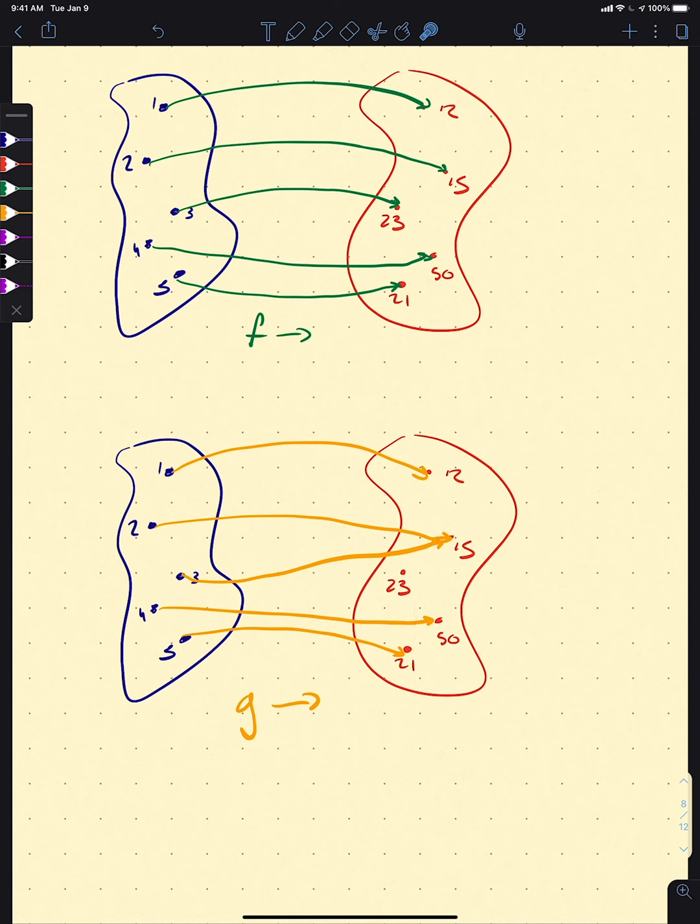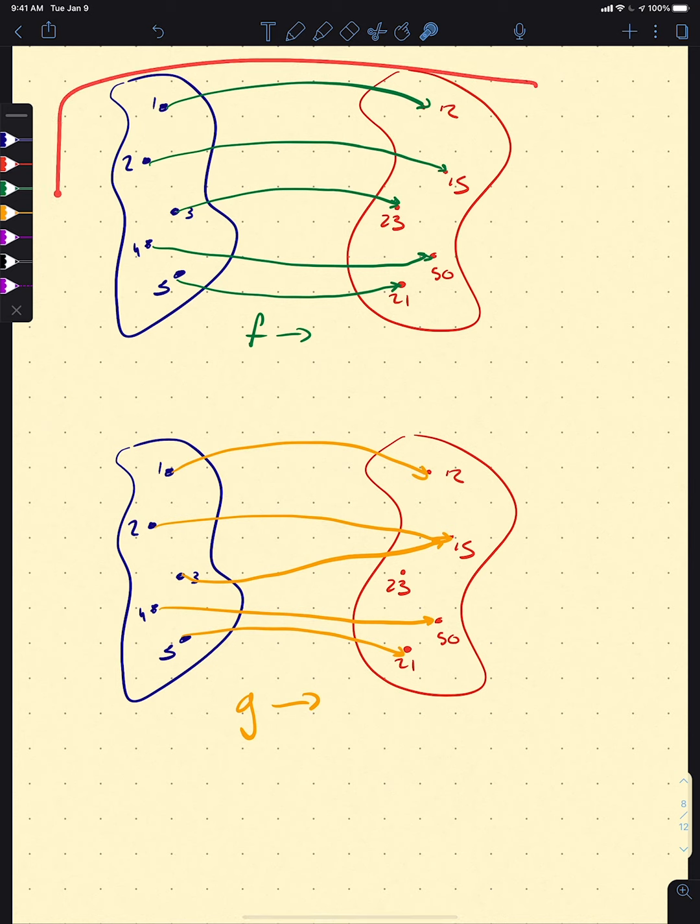If we're trying to go back in the same way, where do you map 15? Because when we try to map 15 back, should 15 go to 2 or should 15 go to 3? If our map back is a function, it can only go to one of those, so we can't necessarily make heads or tails of it.